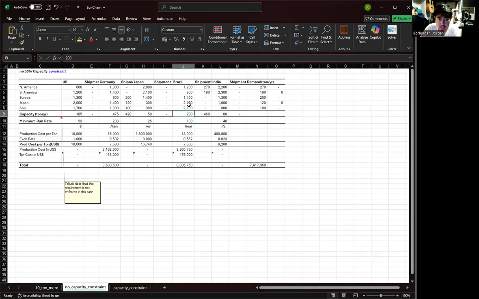However, as we can see right here, there's a slight problem with Brazil. Because it is one of the relatively lower costing places, it chose to allocate almost all of the demand here, close to the Americas.